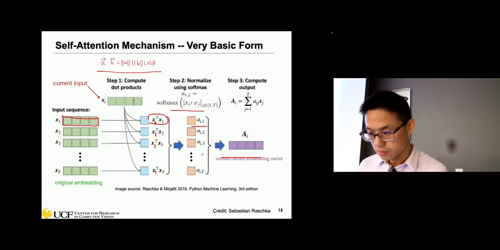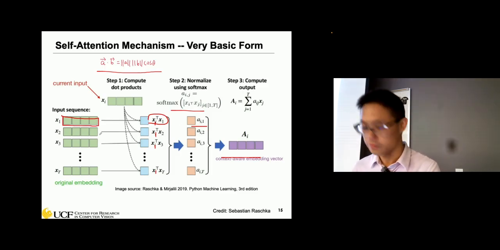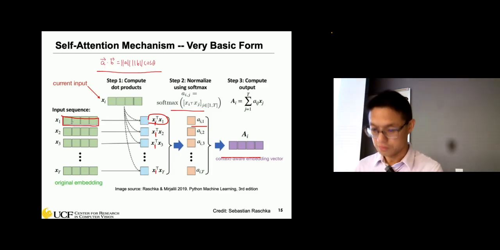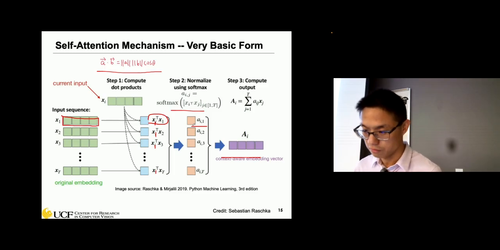But you may notice that in this case there's no learning. These weights depend on whatever input embedding you have, then the dot product, that's it. So that's the weight. There's no learning involved, but this is the very simple and basic form of the self-attention mechanism, just to get you started with what's going on.